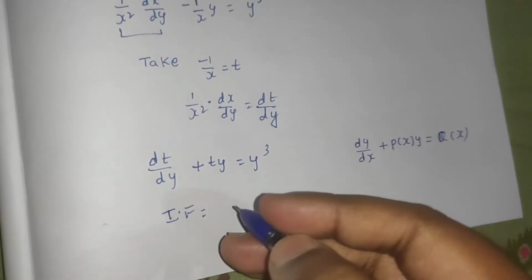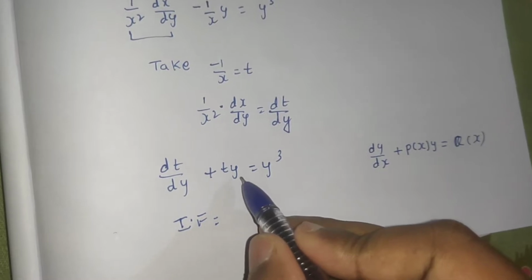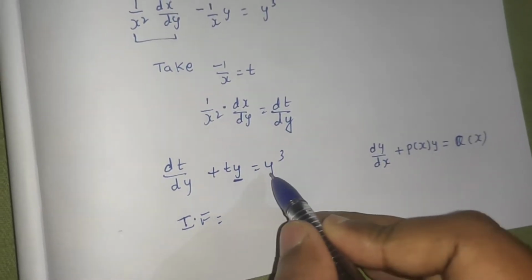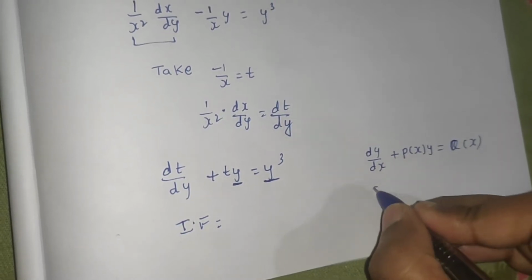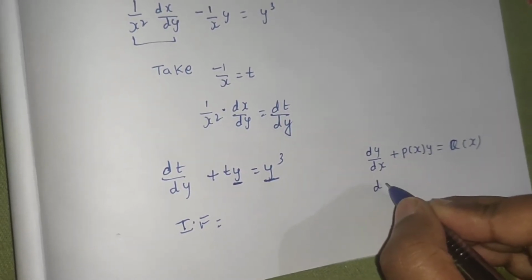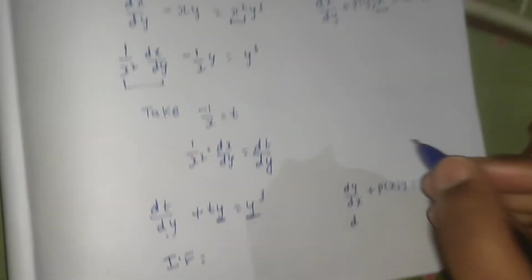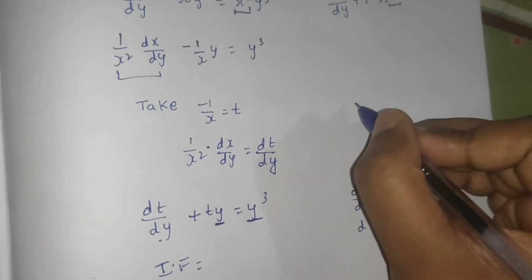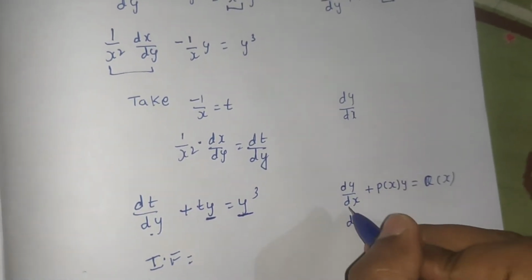Here we have a function of y here and a function of y there, so we can take this as dt by dy. What was the standard form? dy by dx, this was the standard form.